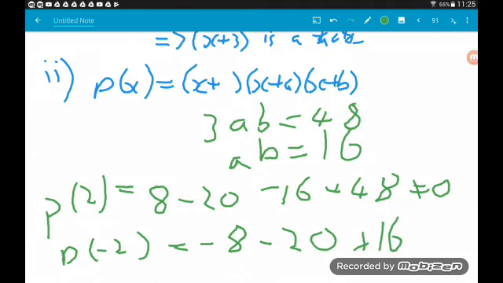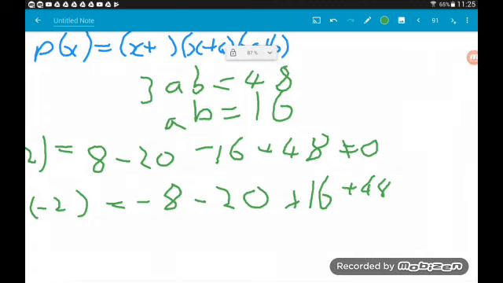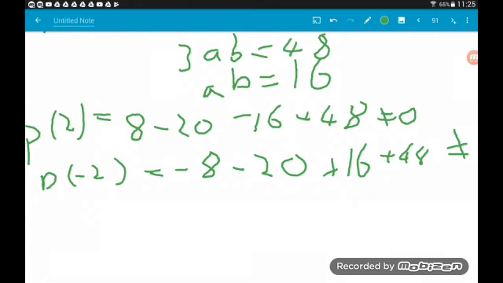And then positive 48 at the end. Now minus 8 minus 20 is minus 28, but then we got plus 16 plus 48. So that is definitely not equal to 0. Bugger. Next, let's try 4.